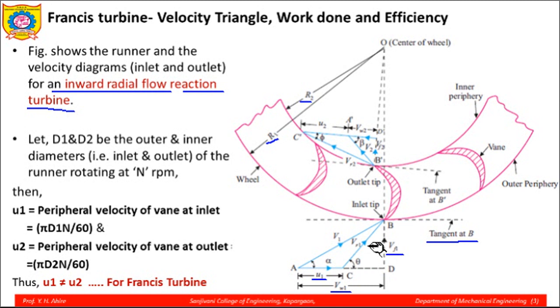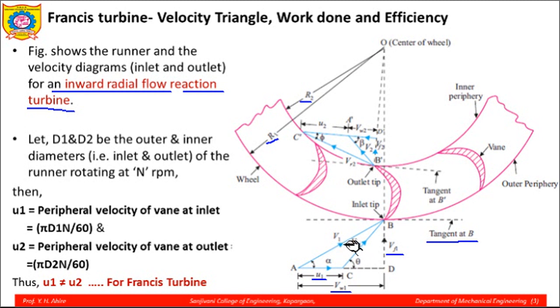Then we know very well the relative velocity Vr1 will make an angle theta with the tangent to the wheel at the inlet. V1 will make an angle alpha with the tangent to the wheel at the inlet, right? Theta is also known as the vane angle at inlet. Alpha is also known as the guide blade angle at the inlet.